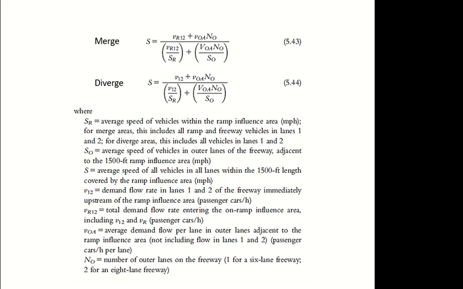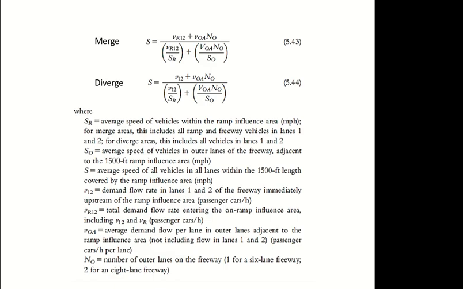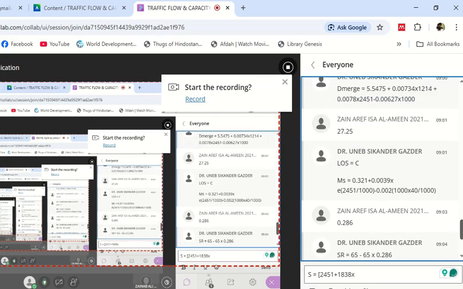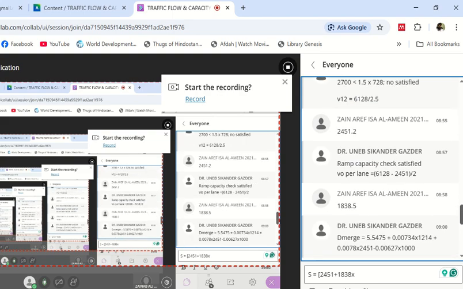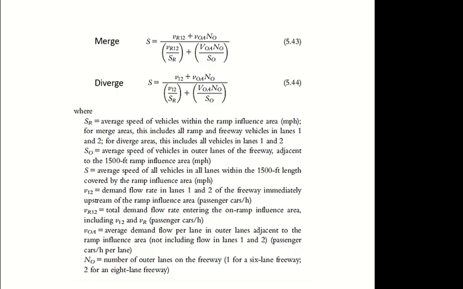Okay, so now I can calculate the average speed of the section using this equation. Average speed of the section: 2451 plus 1838 into 2 lanes.